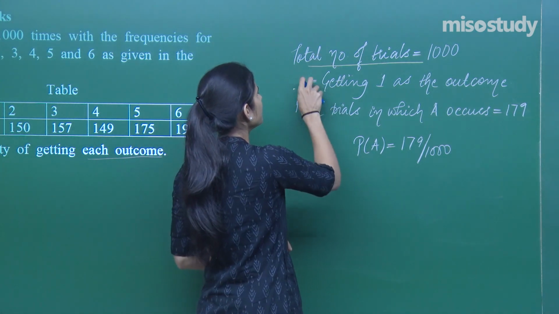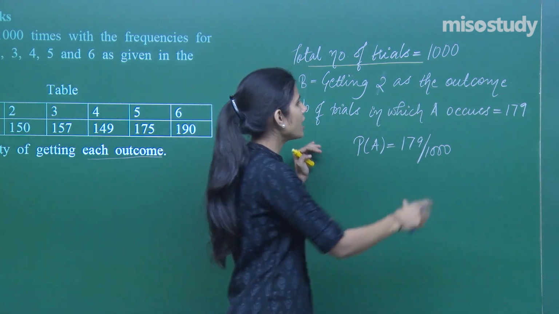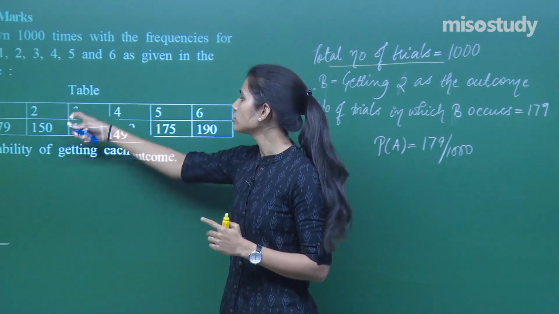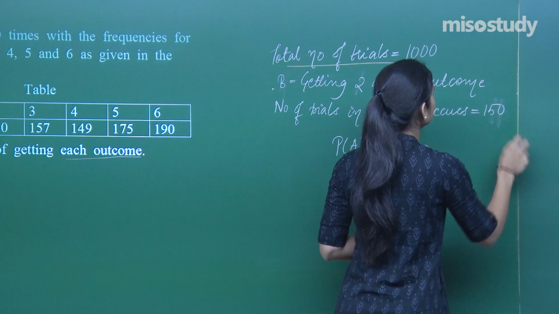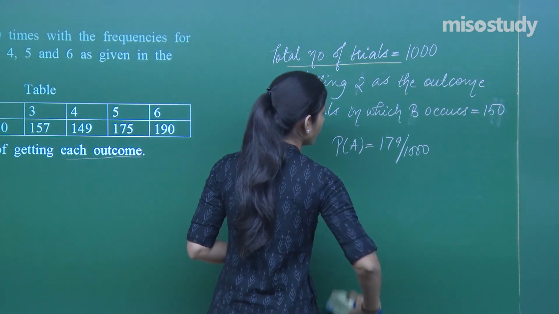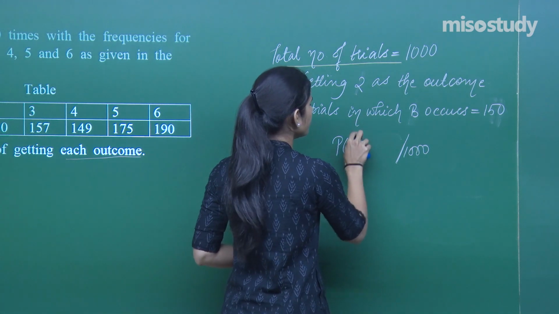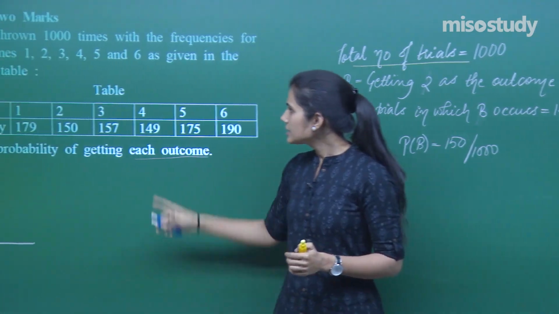If I define B as getting 2 as the outcome, the number of trials in which you are getting 2 as the outcome is 150. So you write 150 here, and therefore the probability of event B will be 150 upon 1000. Next is 3.